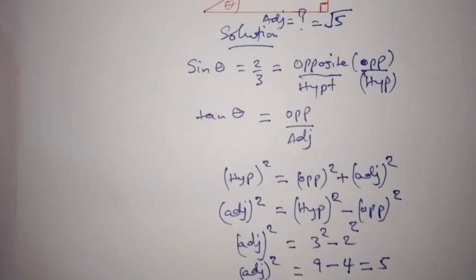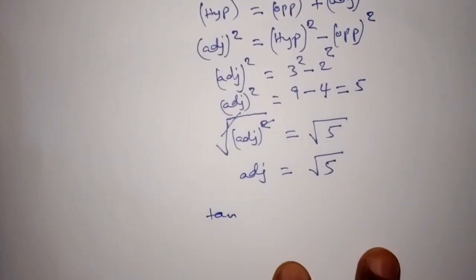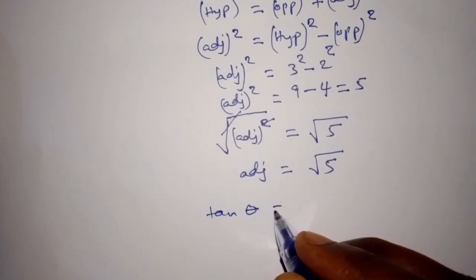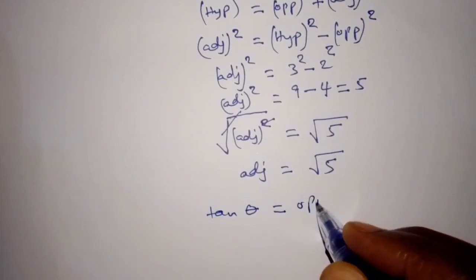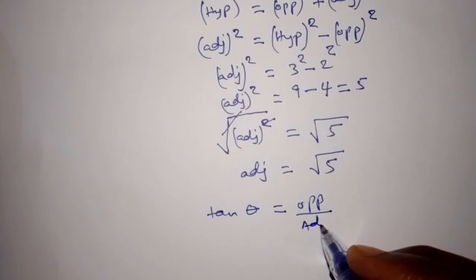So now we can find our tan theta in the form of a surd. So you can say that tan theta is equal to opposite over adjacent.